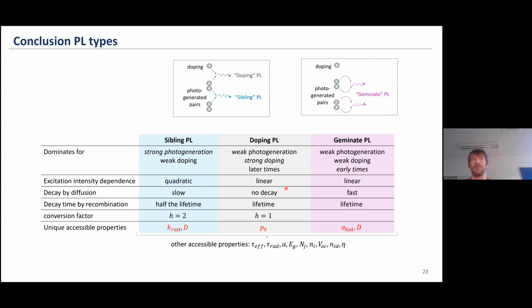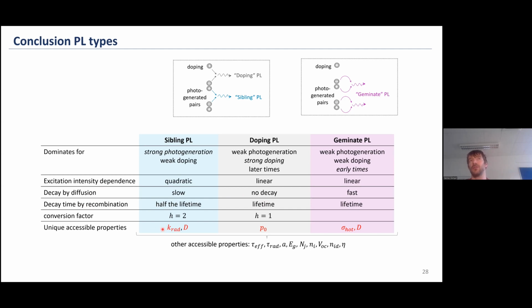They scale differently with the excitation intensity. The decay is very different if you have diffusion and redistribution in your sample. Also, the conversion of the decay time to the lifetime is different. So for sibling PL, the decay time of your PL is half of the lifetime, where in the other cases they equal each other.